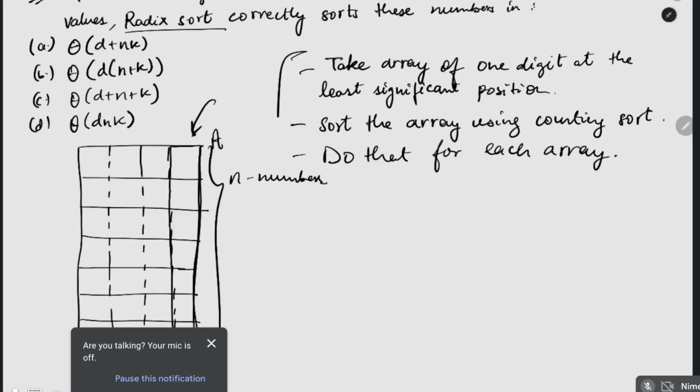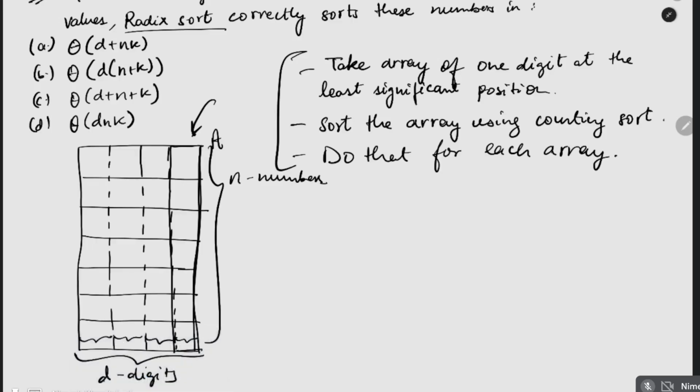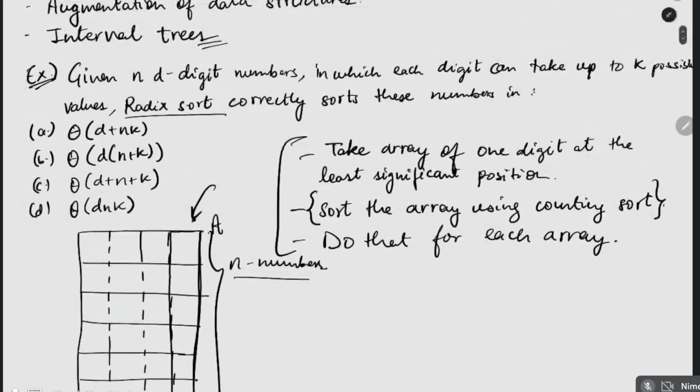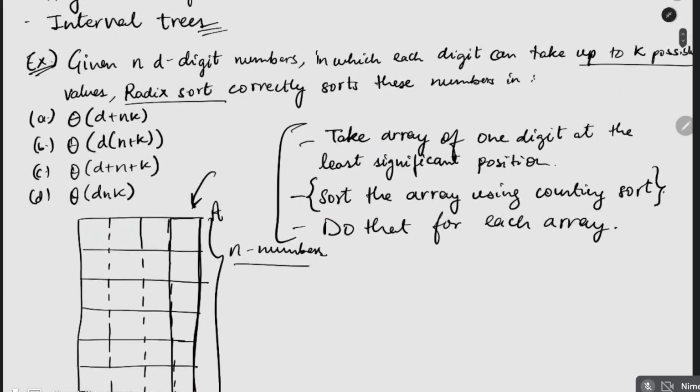This is basically a radix sort. So to get the time complexity, we need to check the time complexity for first counting sort, right? What is the time complexity of counting sort? So we are given that we have n numbers, and every number can have at most at most k possible values, right?